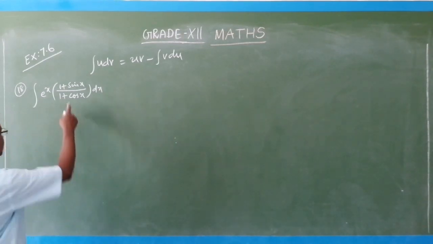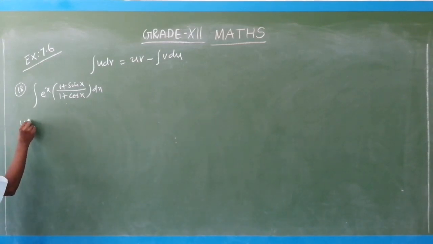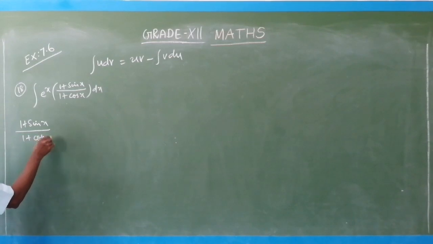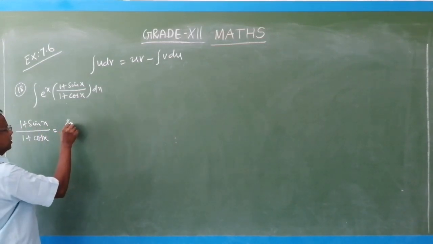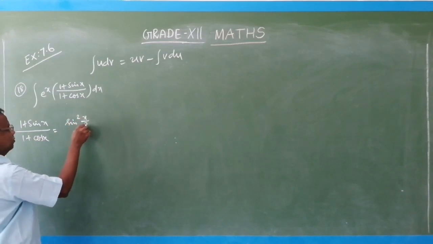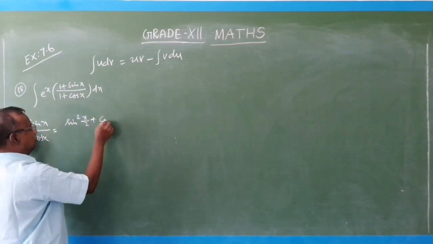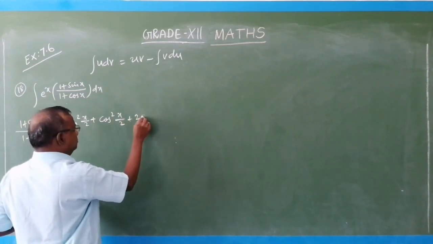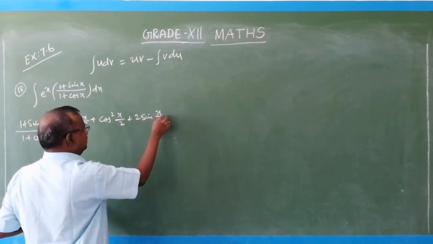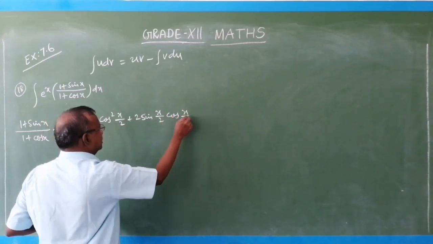So, let us consider this part 1 plus sin x divided by 1 plus cos x equal to, so first one is sin square x by 2 plus cos square x by 2 plus 2 sin x by 2 cos x by 2.